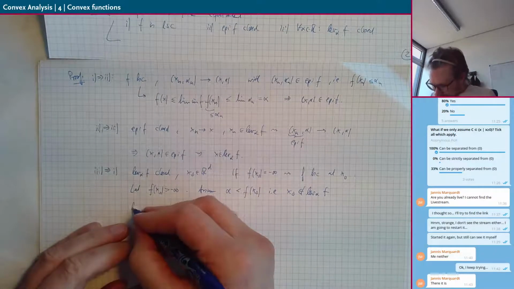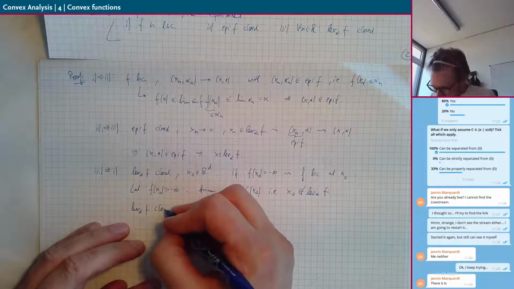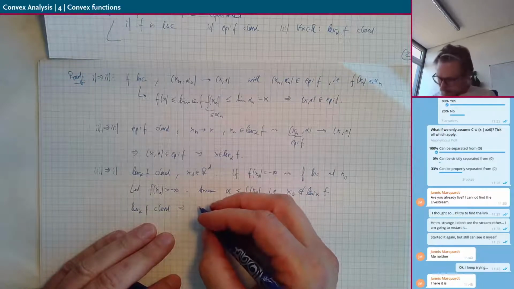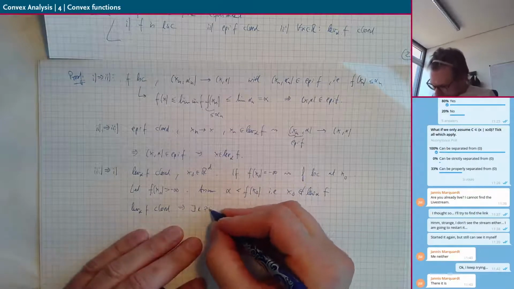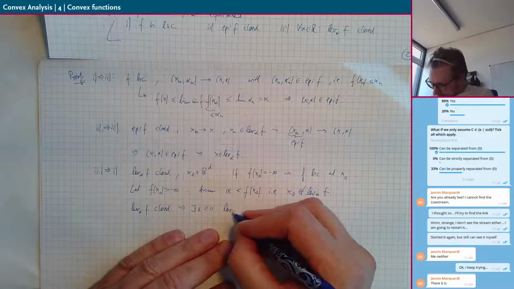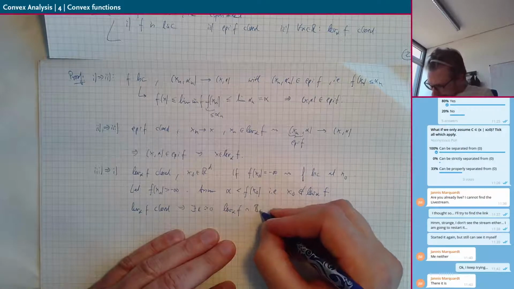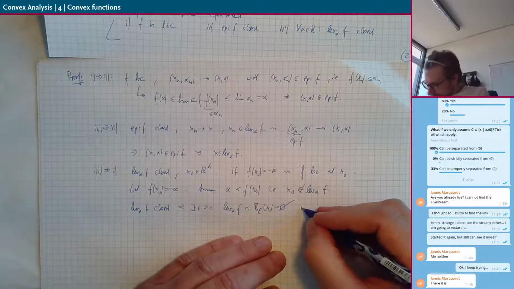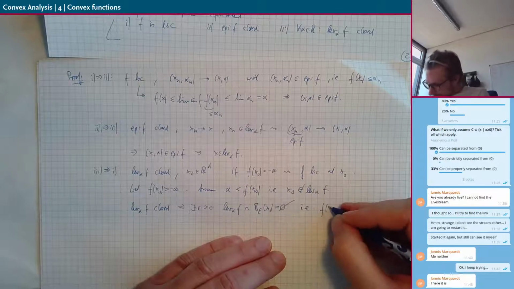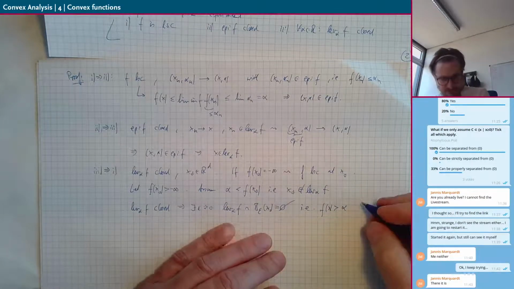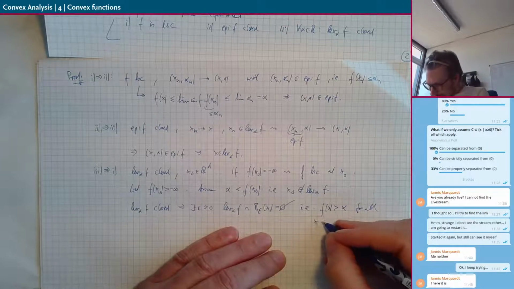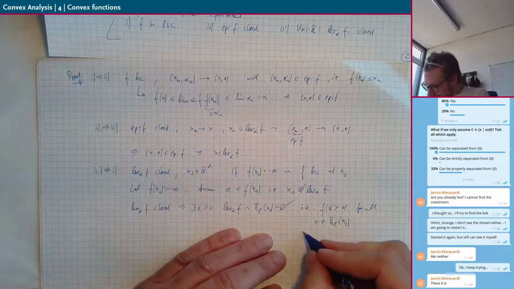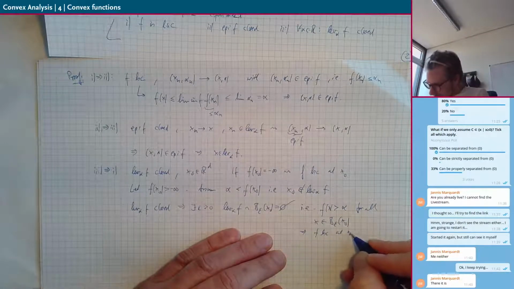So now this level set is closed, so its complement is open, and hence there exists an epsilon positive such that the level set of alpha does not intersect the epsilon ball around x0, and this means that f of x is larger than alpha for all x in this ball around x0, and this says f is LSC at x0.